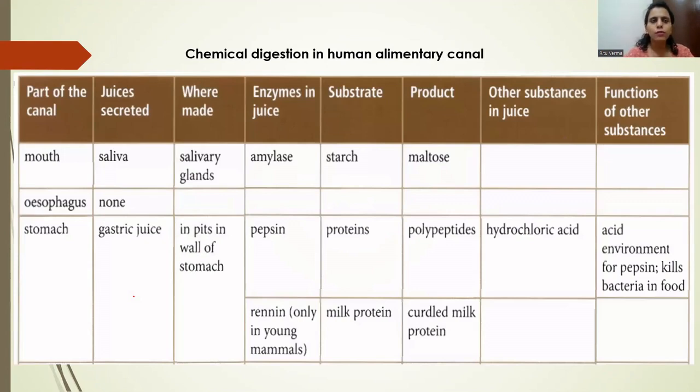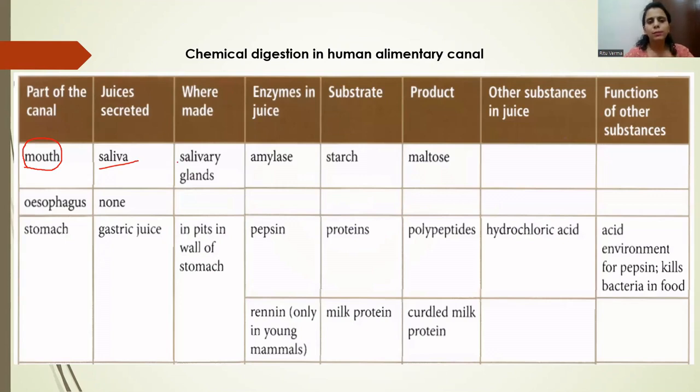When we take food, we take it inside our body through our mouth. The mouth is the first part of the alimentary canal, and the juice which is secreted in the mouth is called saliva. We already know that we have three pairs of salivary glands near our jaws.